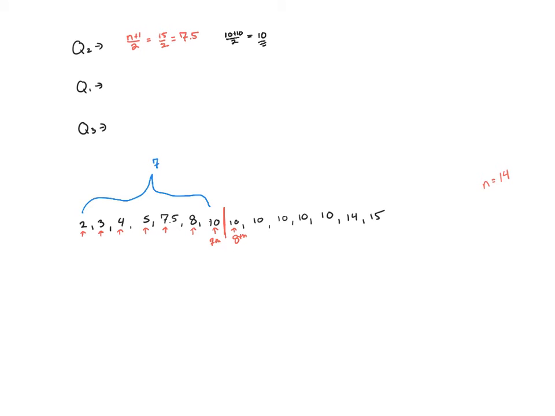To find Q1, I find the center of that. If there are 7 numbers, the center will be the 4th number in, which in this case will be that 5. I can also find that by crossing off to the center. There are 7 numbers in the upper half, which I use to find Q3, which means my median of that set, my 75th percentile of the overall set, will be the 4th number in, which will be 10.